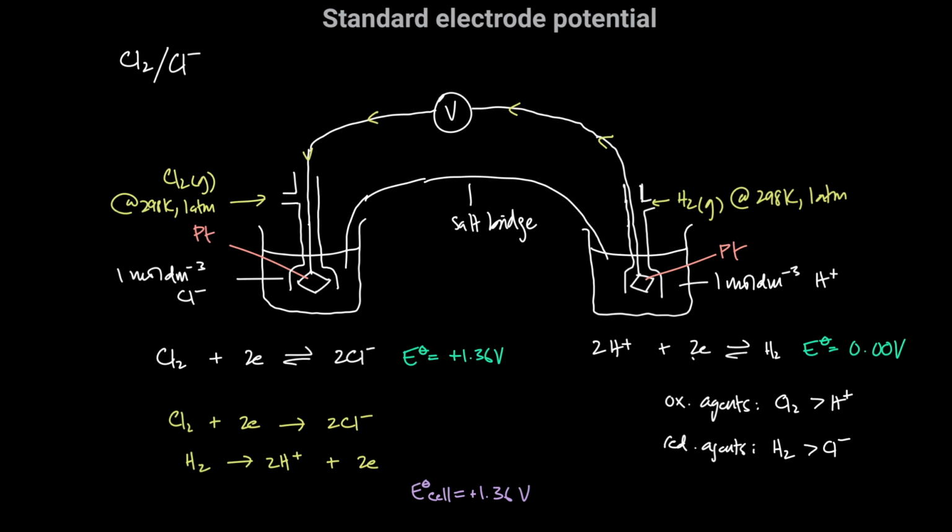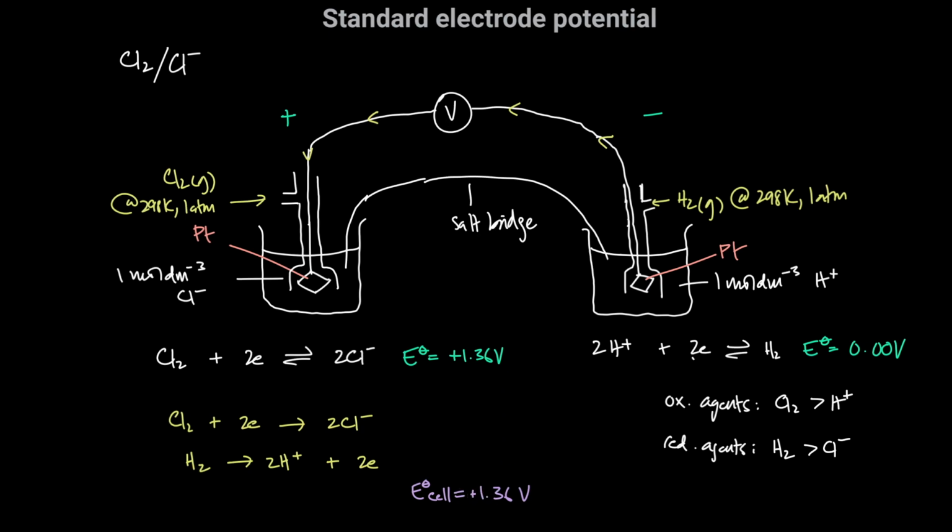Another way to think about this: the standard hydrogen electrode is our negative terminal, and the chlorine chloride half cell is our positive terminal. So we know that when compared to the standard hydrogen electrode, since this is the positive terminal, it will have a positive standard reduction potential, and that potential value is determined by looking at the voltmeter.